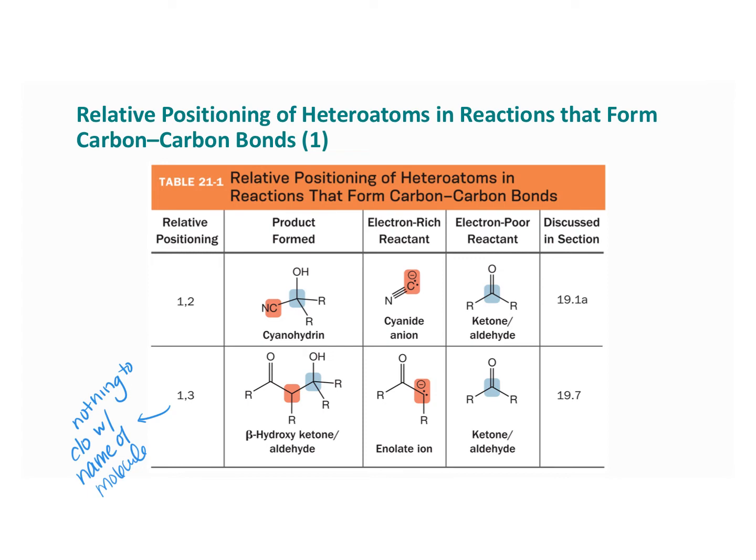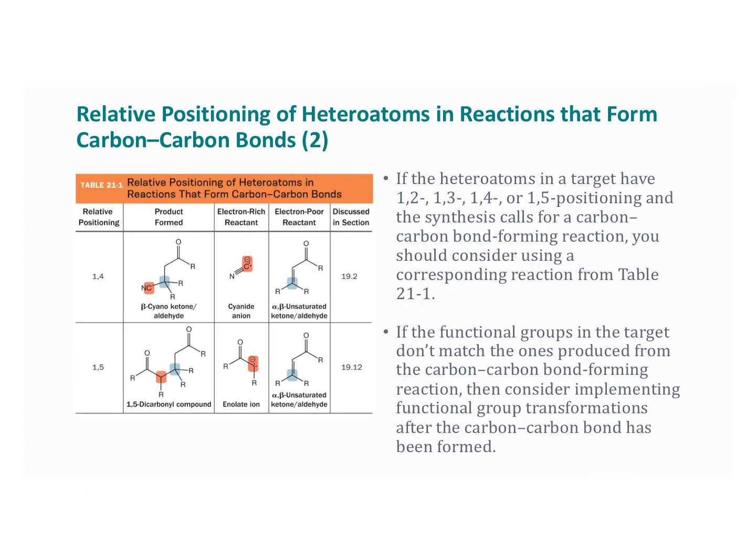Then, if we look at this table here, we see that there's 1-4 positioning, right? Where we take a cyanide anion and an alpha beta unsaturated ketone or aldehyde. I want to remind you here that we're going to see a double bond here and then a double bond here as well. The way that this works is this is the alpha and that's the beta carbon, and unsaturated means there's a double bond there.